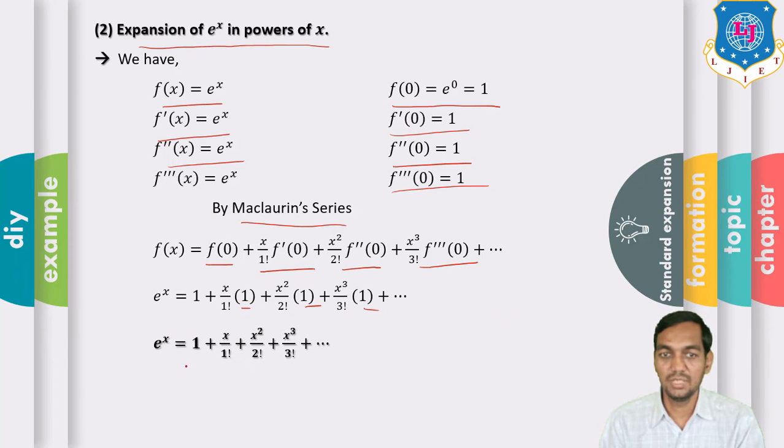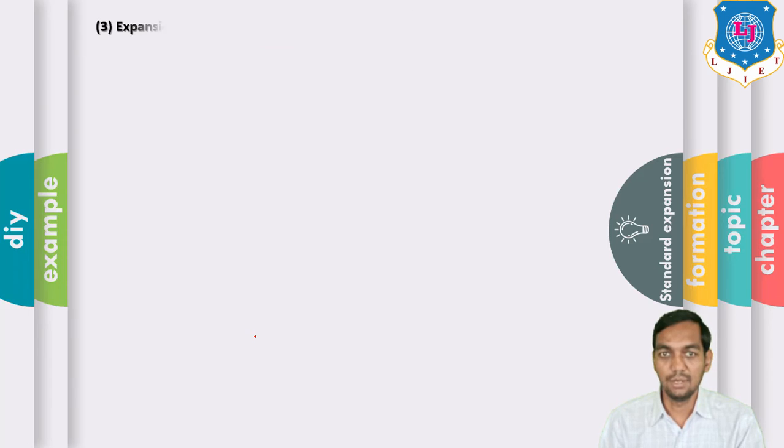That means the series of e raised to x is 1 plus x upon 1 factorial plus x square by 2 factorial plus x cube by 3 factorial and so on. So basically it is x raised to n upon n factorial, where n is running from 0 to infinity.